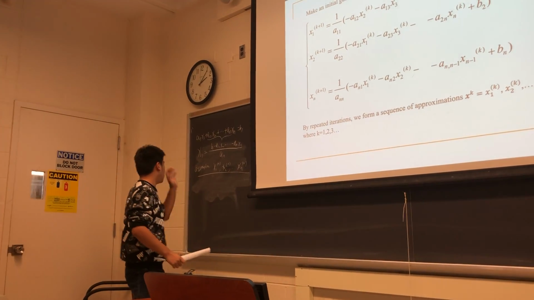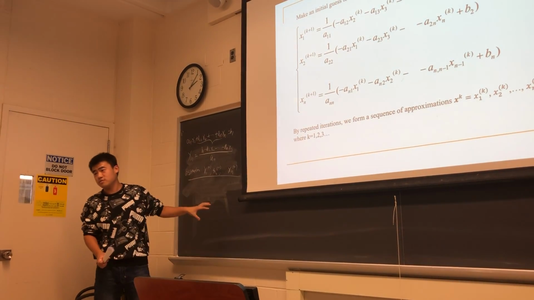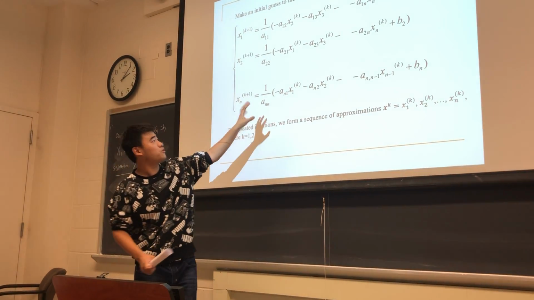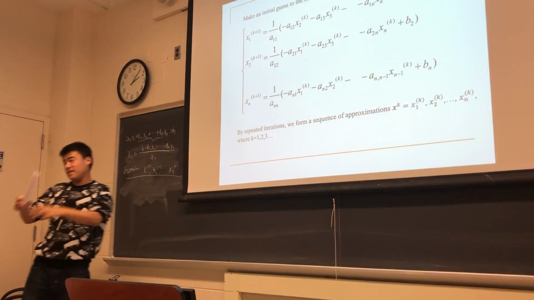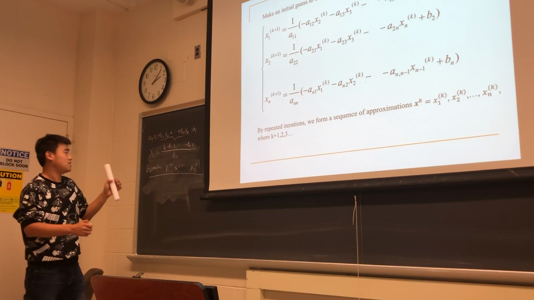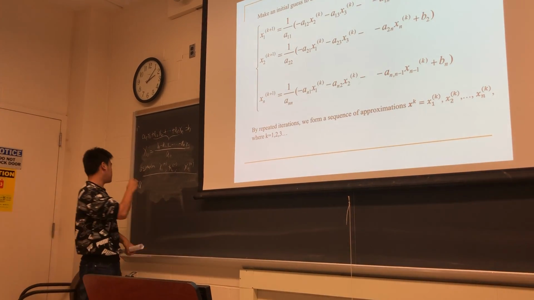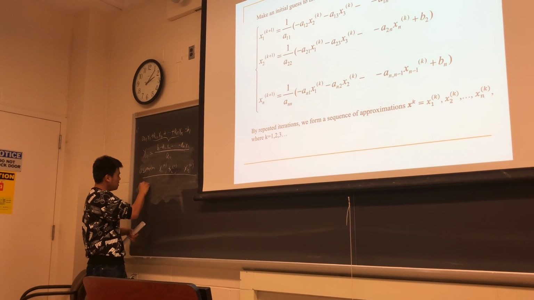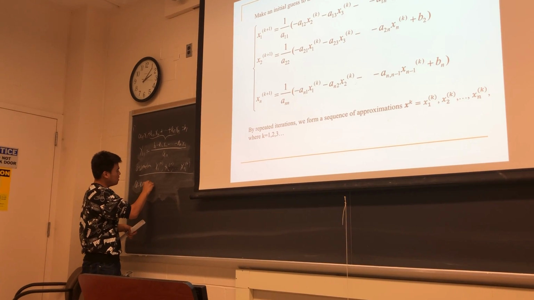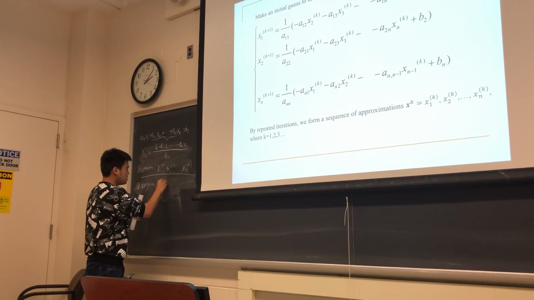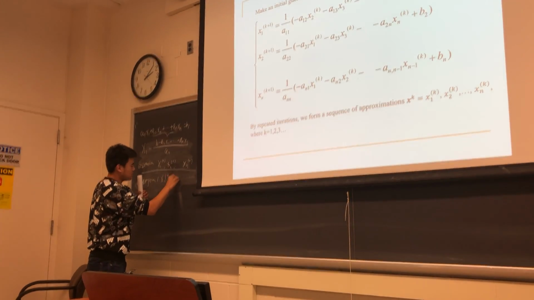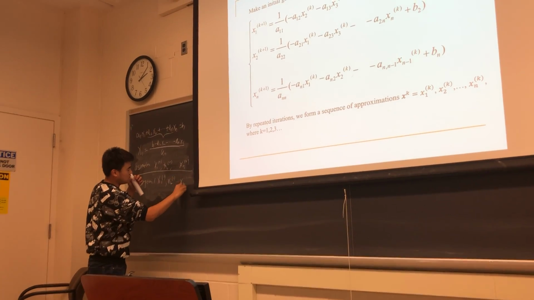And then I substitute these values into the right side of these equations, and then I can get another assumption, and I call the assumption of this iteration assumption 1, that is x1(1), x2(1), up to xn(1).